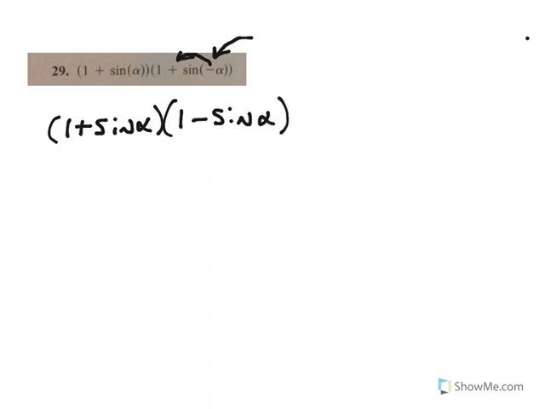And from here we can just go ahead and distribute and multiply. So 1 times 1 should get us 1. 1 multiplied by negative sine is negative sine. Sine multiplied by positive 1 is positive sine.